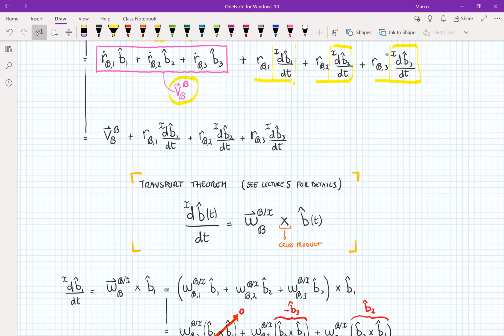If you take the time derivative of a time-changing vector with respect to an inertial frame of reference, that is given by the cross product between the angular velocity of the non-inertial frame of reference, in this case b, with respect to the inertial frame of reference in the non-inertial frame of reference coordinates, cross product the vector itself.